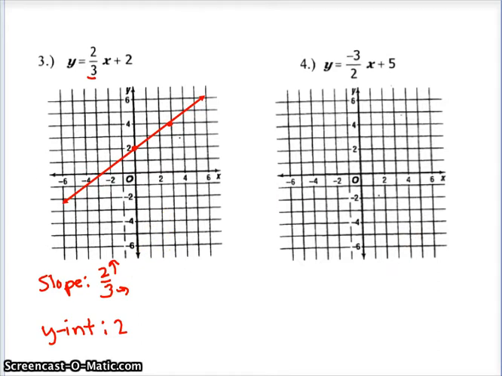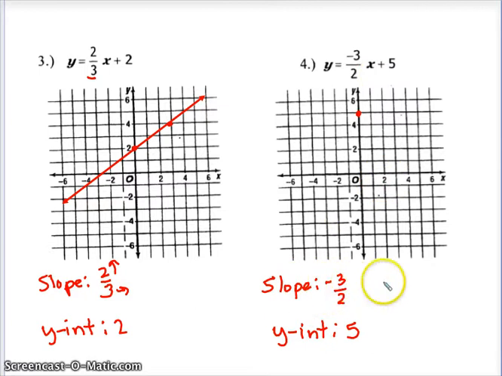Okay, example number 4. My slope is the number with x, negative 3/2. My y-intercept is the number all by itself, my constant, which is 5. This tells me I'm going to start at 5 on the y-axis, and because my slope is negative now, this top number is negative, I'll be moving down 3 units and to the right 2.